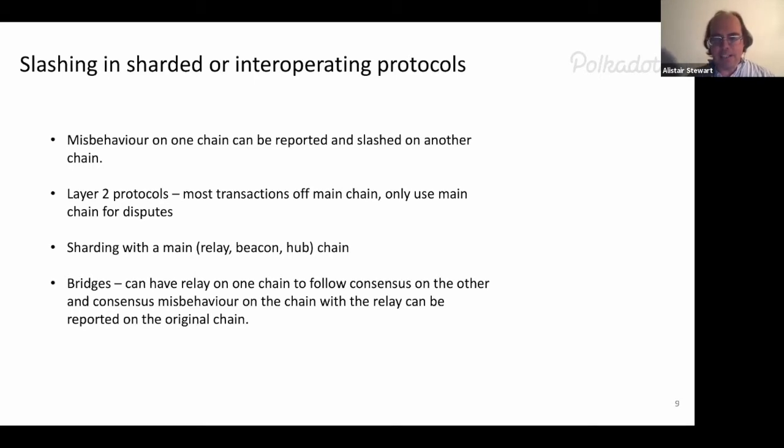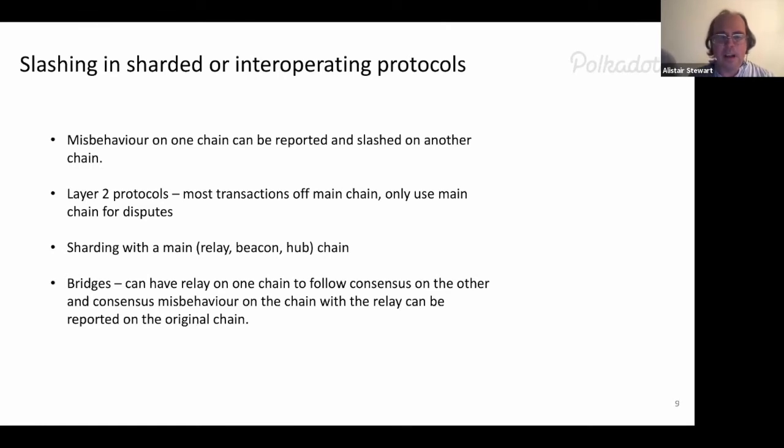We can escalate to the main chain only when something goes wrong off chain, and try and prove what's going on. And if we force people to lock up tokens before doing this, then we can get an argument that this is going to work.